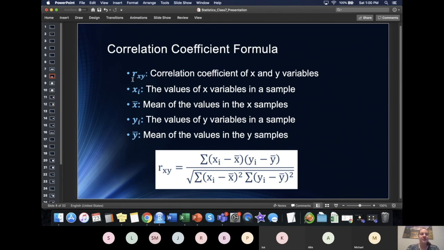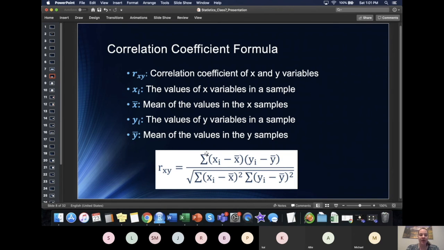The next one that we're seeing here is xi, the values of the x variables in a sample. So when you see xi, you can think of that as symbolizing x1, x2, x3, x4, all the way up to the end of our sample. Say we have 30 values in our sample. It would be x1, x2, x3, all the way to x30.